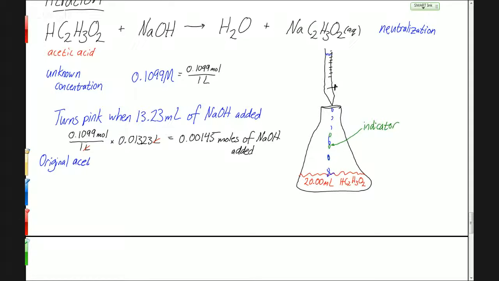So our original acetic acid must have been 0.00145 moles in 20 milliliters, because we added 20 milliliters to that flask. So now we have moles and we have volume, so we can find concentration.